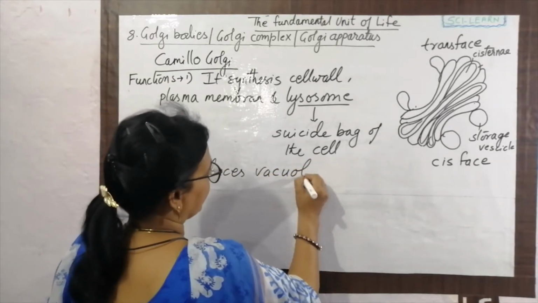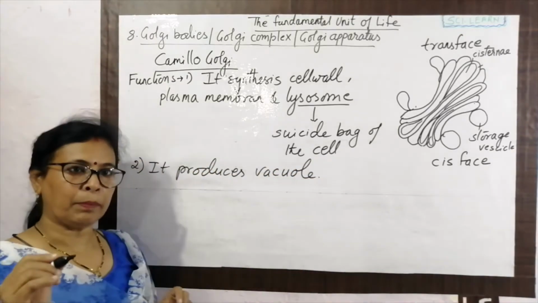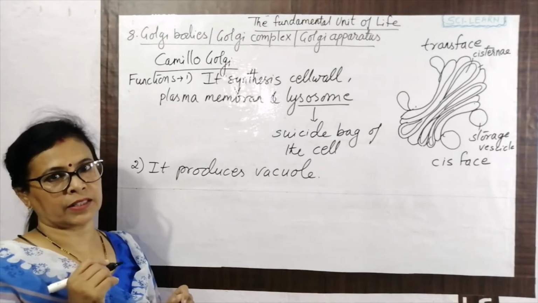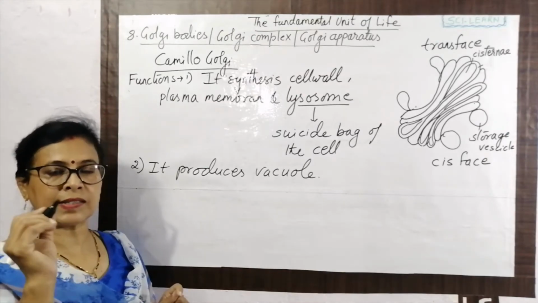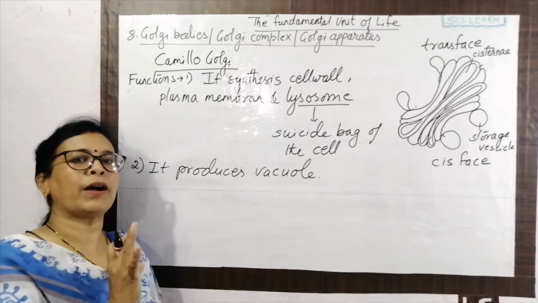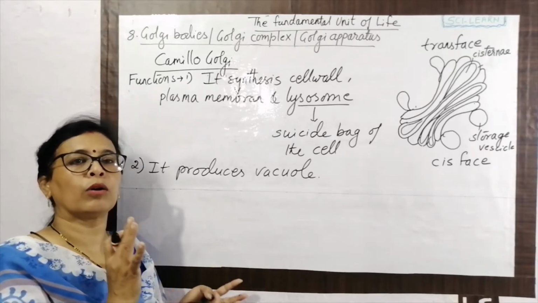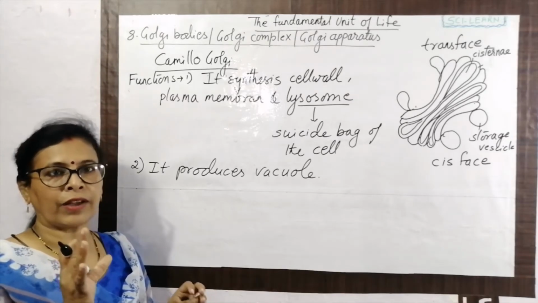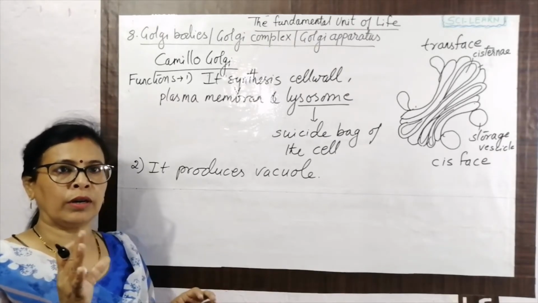Vacuole, you see it very clearly. Vacuole in the plant cell is a very prominent structure. When we draw the diagram of the plant cell, see the position of the vacuole. The maximum part of the plant cell is occupied by the vacuole. That vacuole is produced by the Golgi complex.